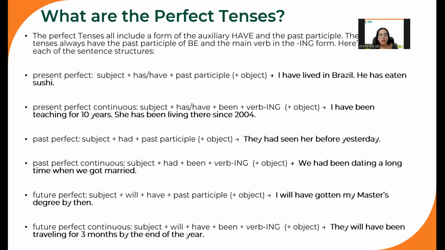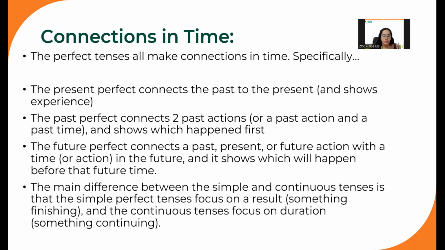Yo habré obtenido mi maestría para entonces, okay? So it's like a connection of one situation in the past, present, or future with an action or a time in the future, okay? So these are the connections in time for each sentence, for each tense. I don't know if it's clear, if we have questions.